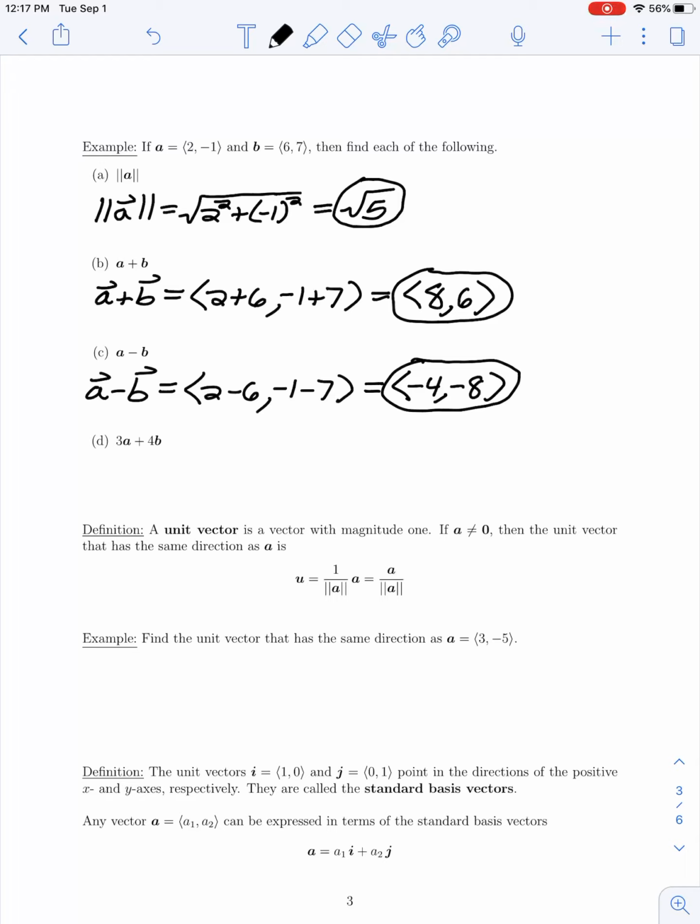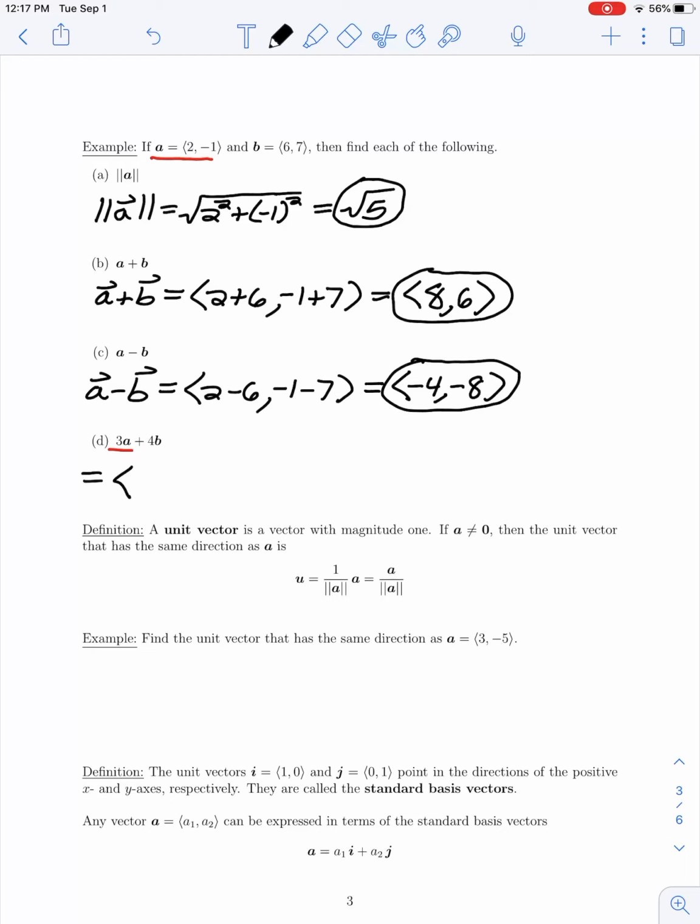And in part D, we're asked to calculate 3A plus 4B. In order to do this, let's first calculate the vector 3 times A. To get 3 times A, I'm going to take the vector A and multiply each component by 3.